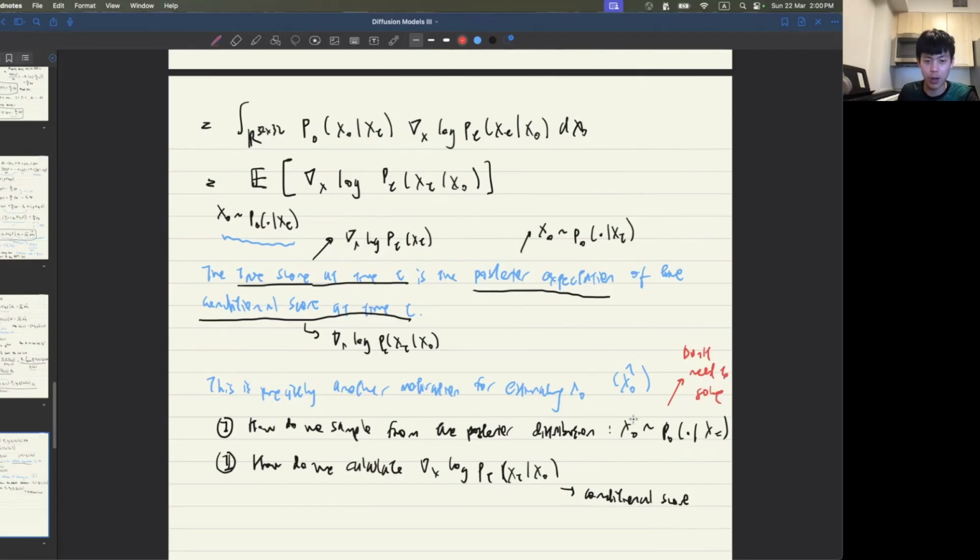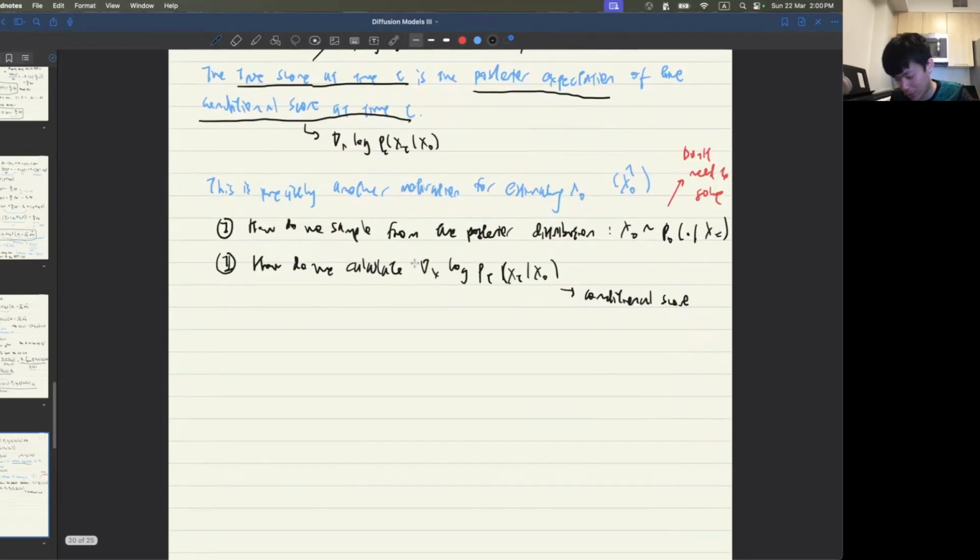The second problem, how do we calculate the conditional score? This is just mathematics. So I guess we'll just calculate it because there's actually something very interesting going on. So what is the conditional score? The conditional score is the gradient of the log of the conditional probability, right? So it suffices to just calculate what the log of the conditional probability is, and then we just need to take the gradient.